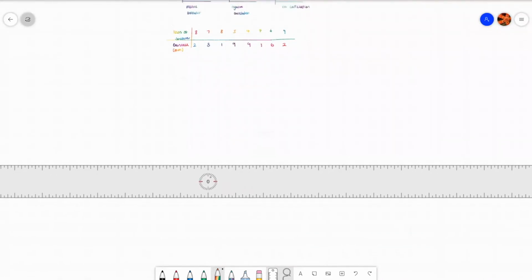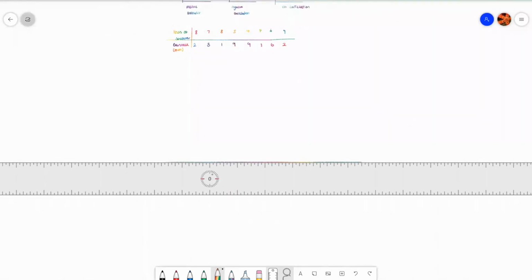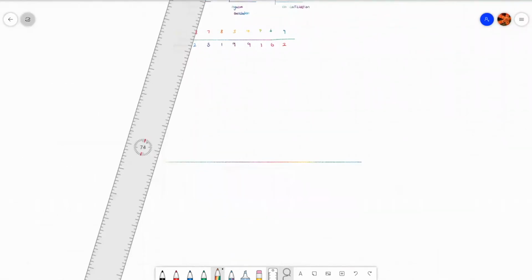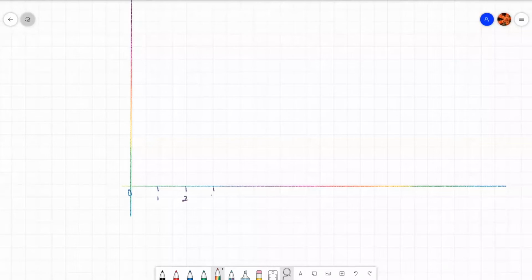I'm going to just zoom out. So I've got enough space here. Let's go upwards. Okay, let's get rid of that. So let's have hours of sunshine at the bottom. So I've got 0, 1, 2, 3, 4, 5, 6, 7, 8, 9, and 10.